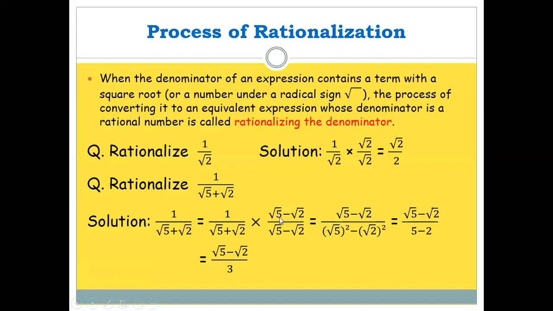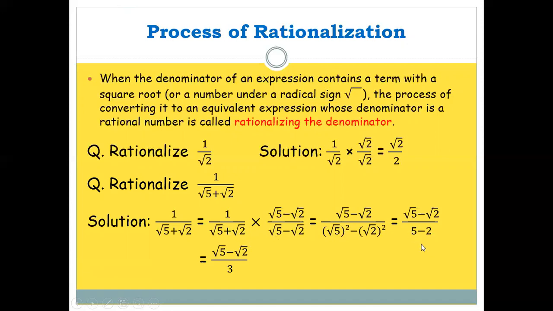So root 5 minus root 2 one times, then root 5 minus root 2, root 5 plus root 2 times. So here we have the application of the identity now, a square minus b square, because a plus b and a minus b becomes a square minus b square. Root 5 square means root 5 into root 5 we get 5, and root 2 into root 2 we get 2.